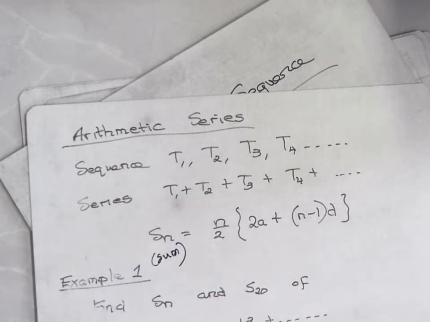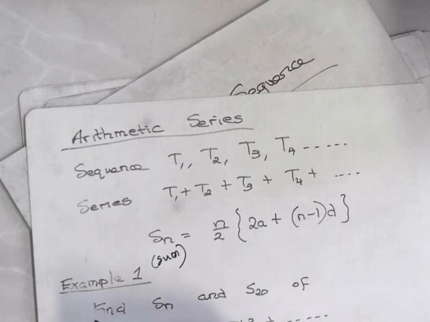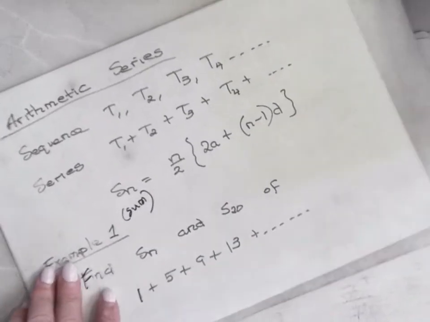So a and d are the exact same thing. The formula is different now because we're doing the sum of the terms. Instead of just naming the terms, we're actually adding them.